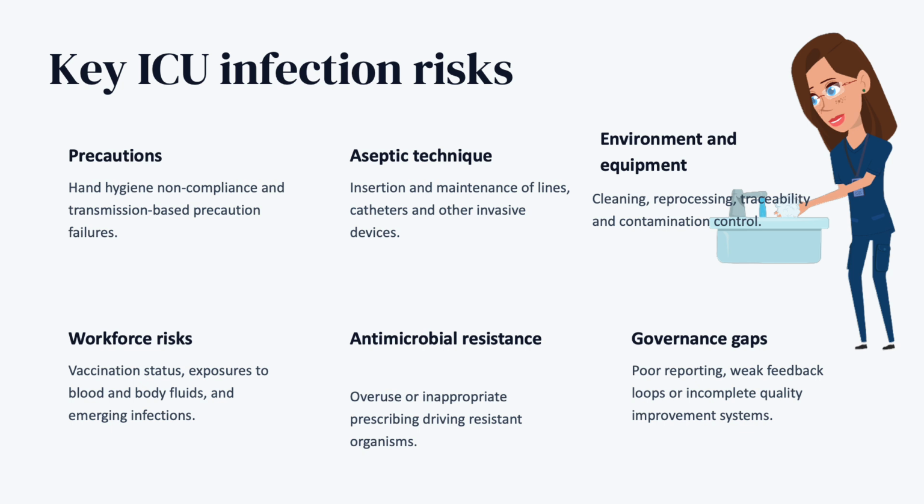The plan identifies the major local risks that require control measures. These include transmission through hand hygiene, staff non-compliance, transmission-based precautions, poor aseptic technique during invasive procedures, infection from invasive devices, environmental contamination, workforce-acquired infection, failures in reprocessing reusable equipment or following the reusable equipment processes, and antimicrobial resistance.